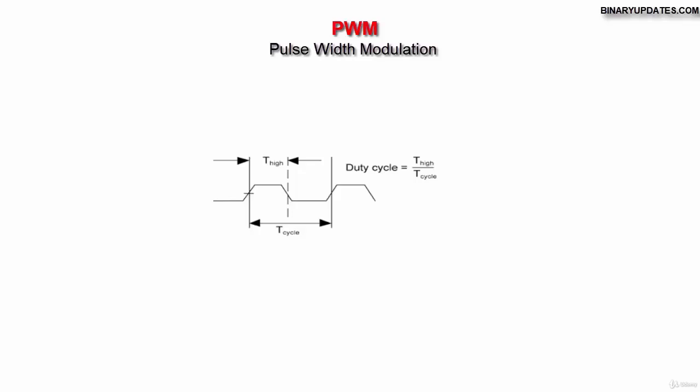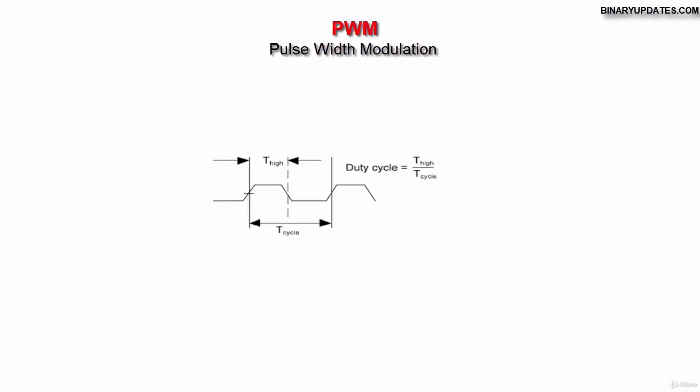If you take any clock frequency, you can consider one clock cycle. The clock cycle, that is T cycle, is a combination of T on and T off, right? It means the amount of time your cycle stays high, meaning active, and the amount of time your cycle is off, inactive.